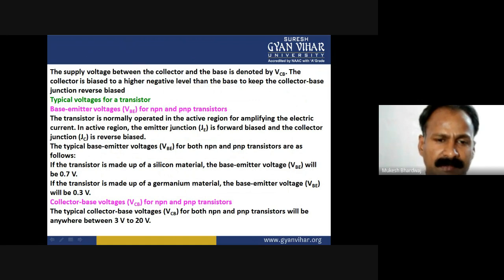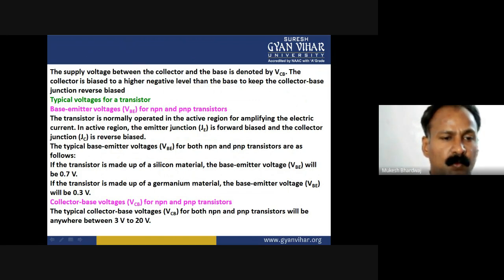Basically, they are the junction voltage, or we can say they are knee voltage or cut-in voltages. So these are the potential drops at the junctions. If it is silicon based, then it is near about 0.7 volt, and if it is germanium based, then it is near about 0.3 volt.